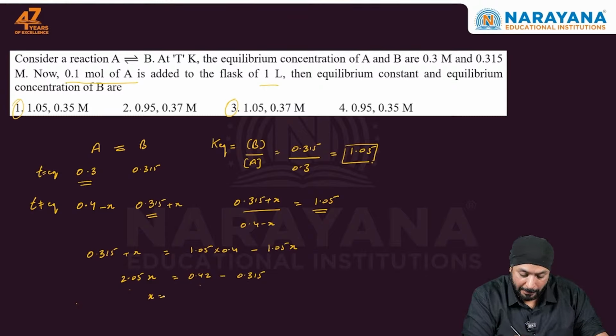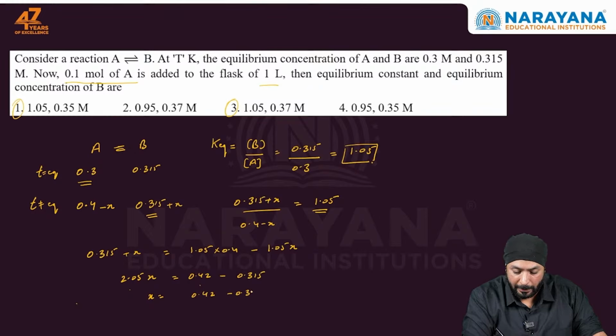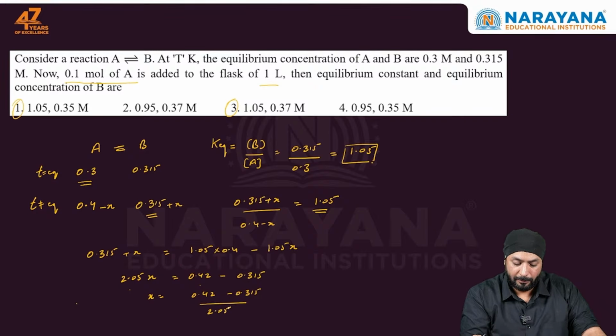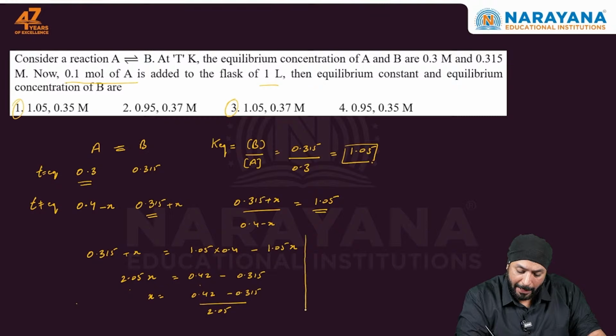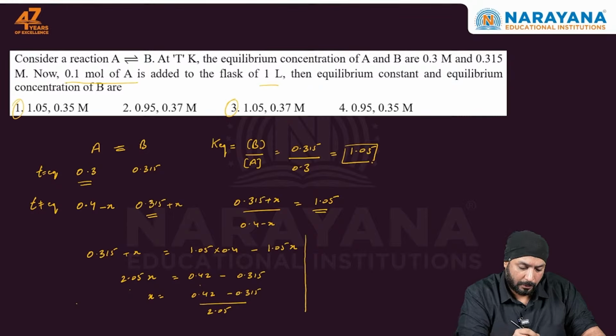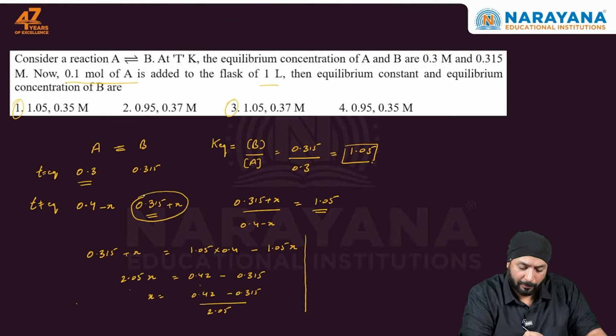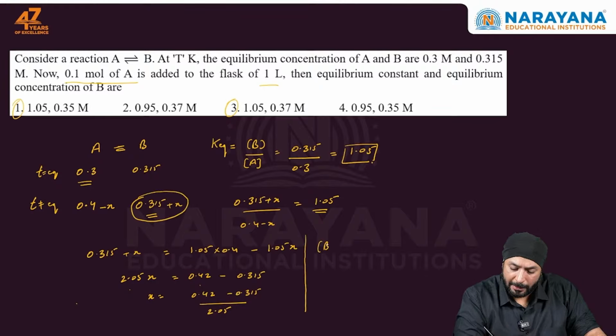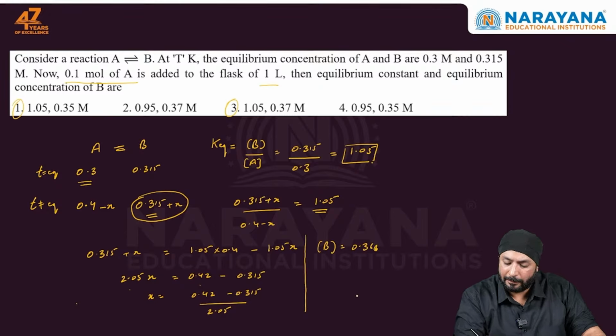So x comes out to be (0.42 minus 0.315) by 2.05. When I add this value of x to 0.315, the value of B which I get is 0.366 after doing this calculation.